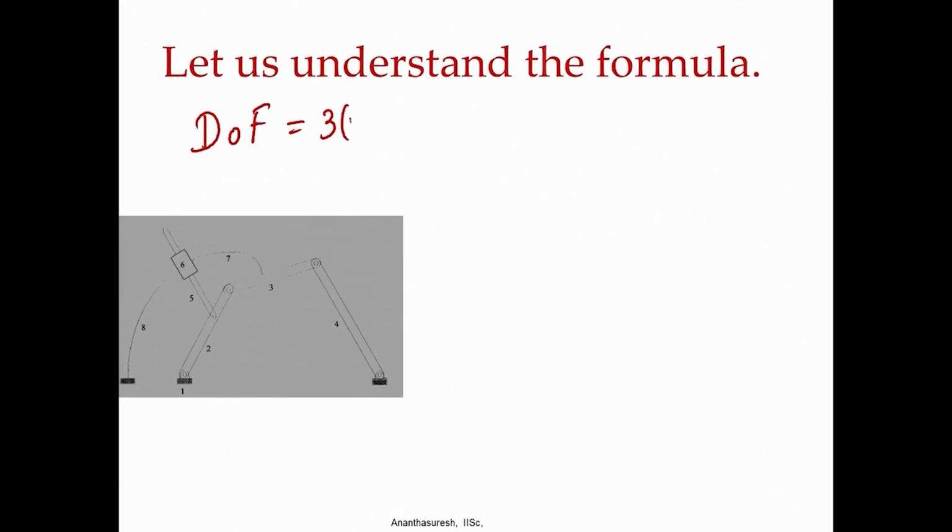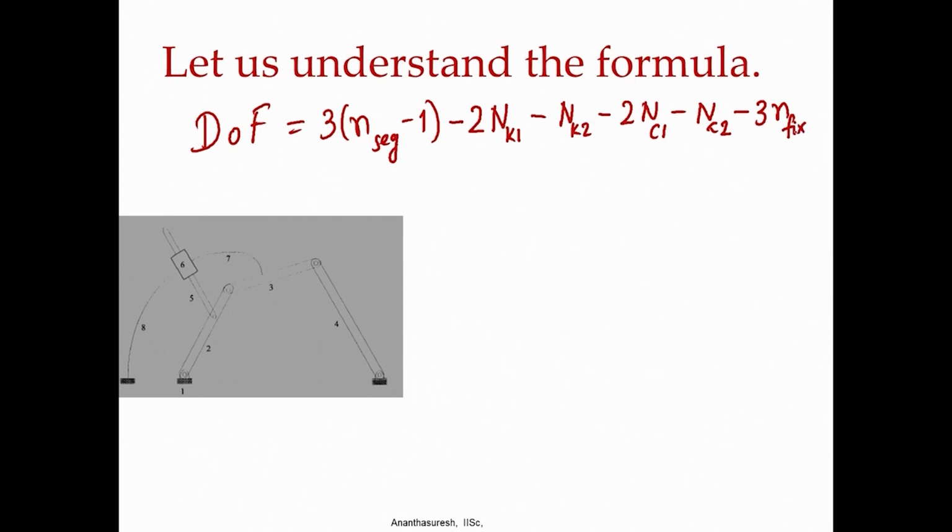DOF is equal to 3 into n seg minus 1, and then minus, if I follow that notation, 2 n k 1 minus 1 n k 2, those are the ones you can have, and then 2 n c 1 minus 1 n c 2, these are elastic pairs, and then we have 3 n fix, and then plus the segment compliance, that is 3 n SC3 plus 2 n SC2, and so on.